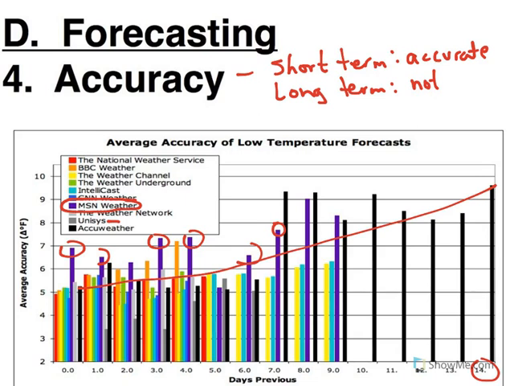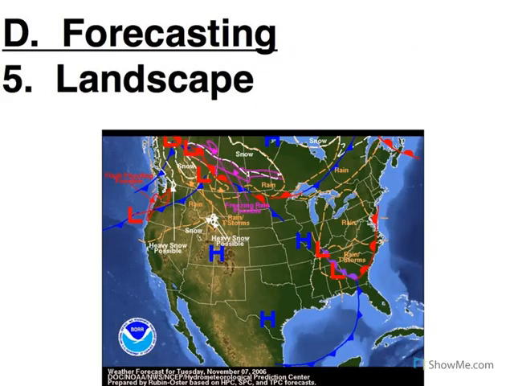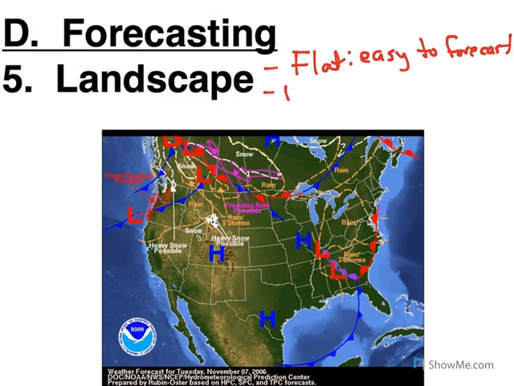One of the things here in Tennessee that affects the accuracy is landscape. If you live in a place that's flat, easy to forecast. If there's mountains, it's harder. So I grew up right about there in northern Indiana.